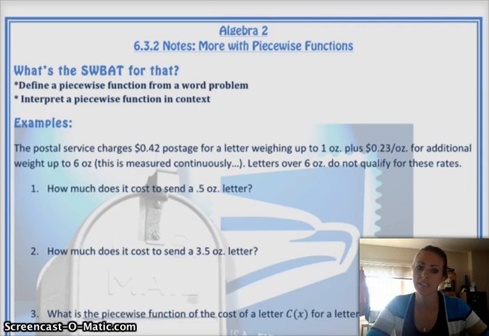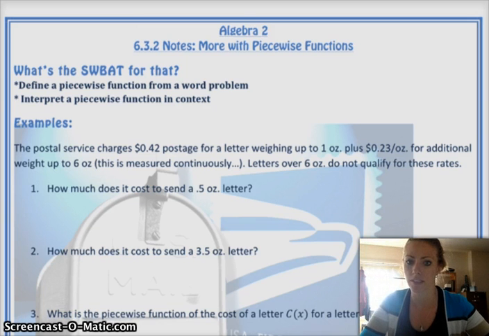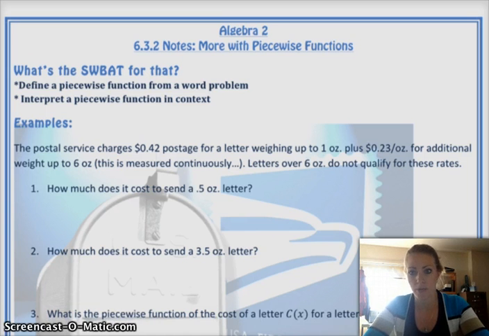So this example is about the postal service, which charges 42 cents for any letter weighing up to 1 ounce. That's a typical letter. And then after that, for additional weight, it's 23 cents per ounce.